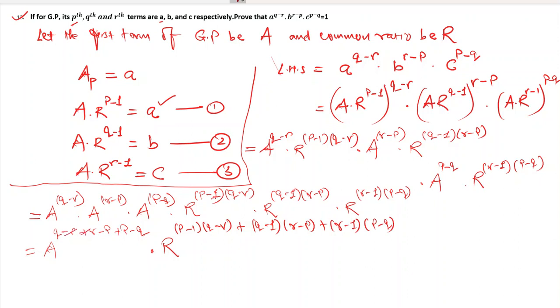So minus r plus r gets cancelled here, minus p plus p, minus q plus q. So a raised to 0 into r raised to p bracket q minus r, minus 1 bracket q minus r.